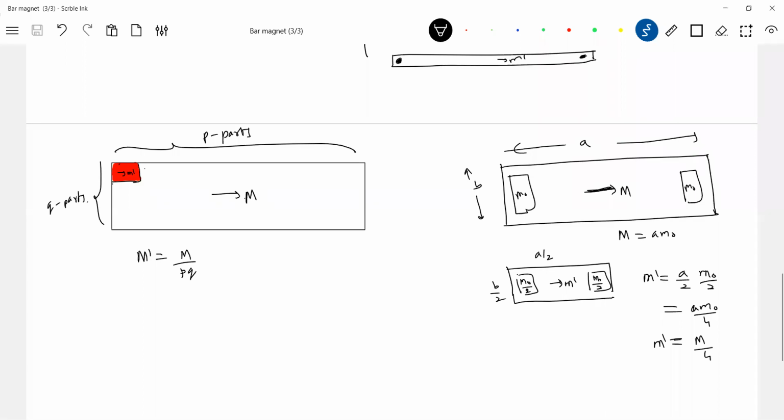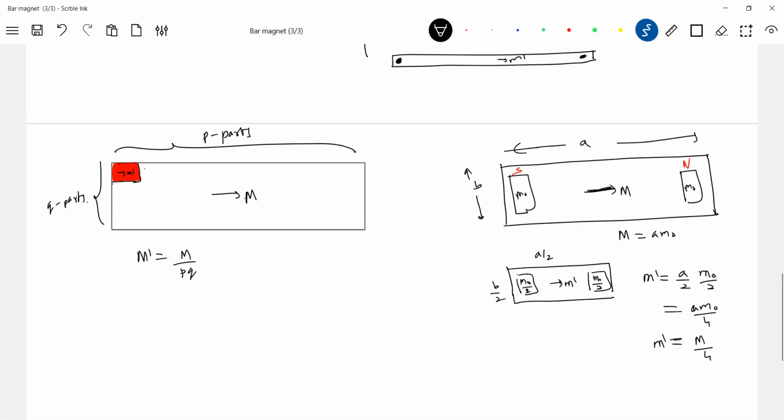Okay, this is about the basic idea of the dipole moment. It is always directed from south to north pole. This is the south pole, this is the north pole. Now, what does this pole strength depend on? There is one very good question. Some CBSE book goes into this to some extent, telling on what factors the pole strength depends.